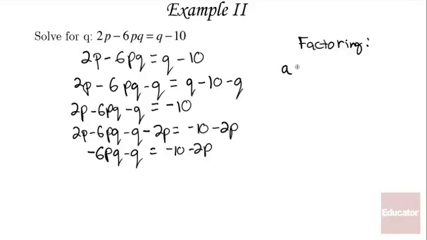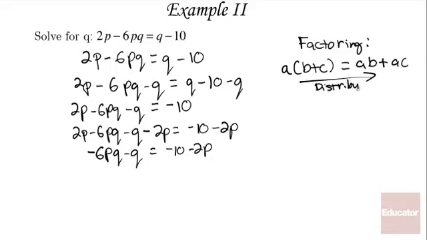Remember that the distributive property says that a times (b plus c) equals a times b plus a times c. If I'm moving in this direction, that is using the distributive property, distributing the terms. If I go the other way, it's called factoring. And what factoring does is it allows us to separate out that variable that we want, which is q.